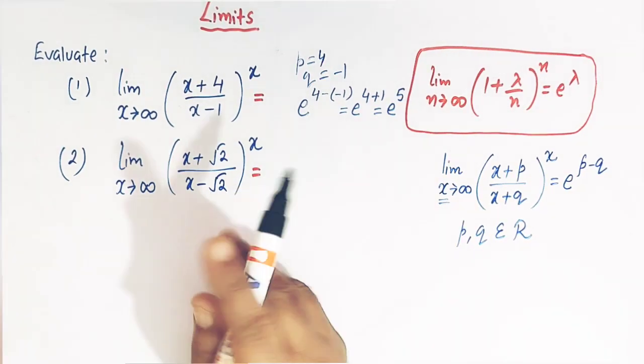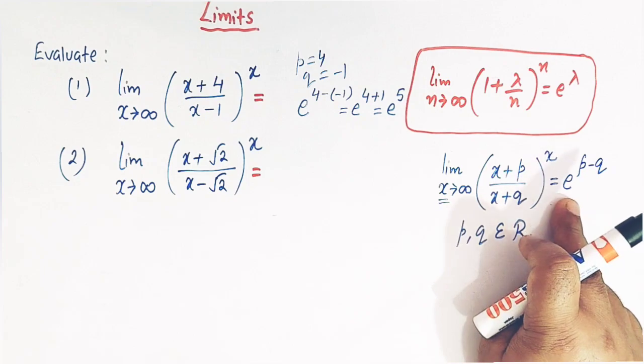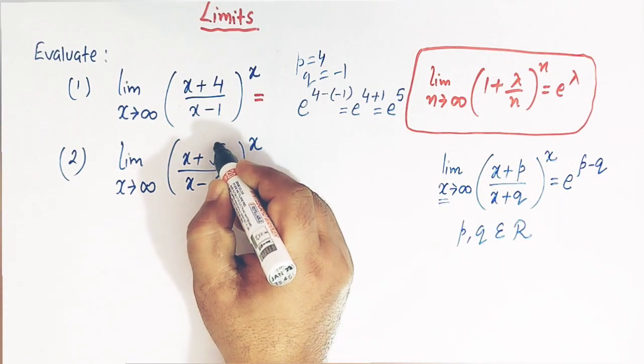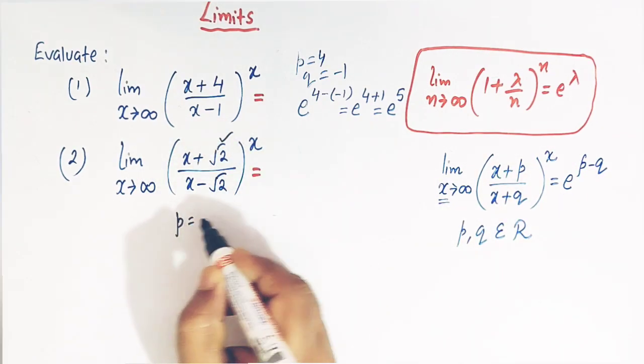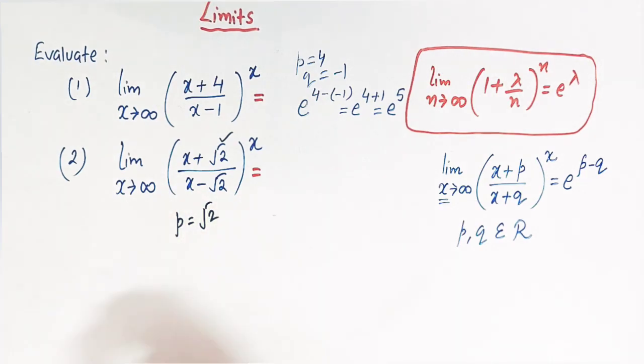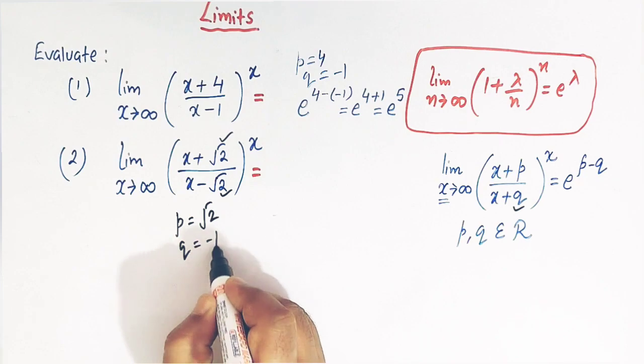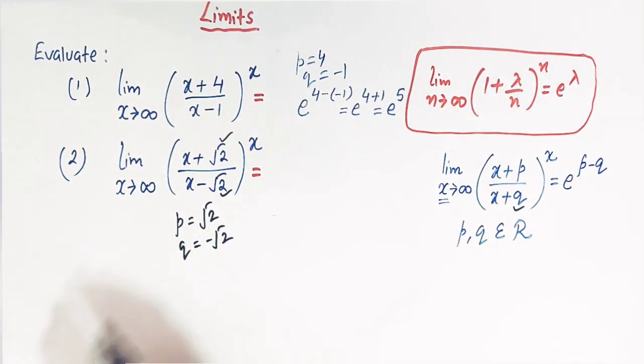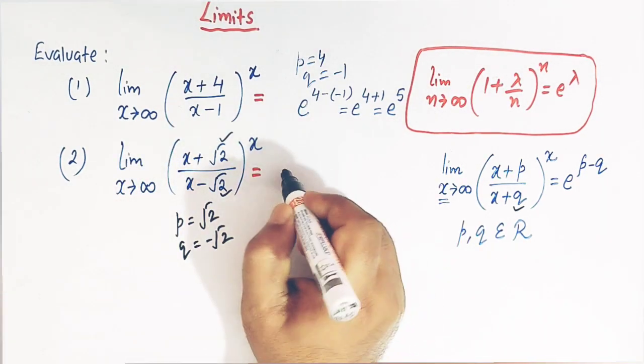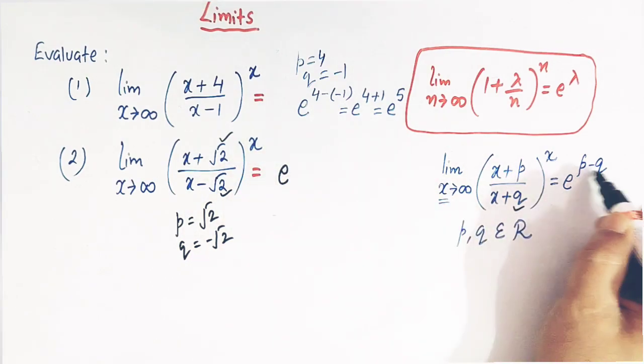Now similarly, if we compare this limit with this one, then the value of p is equal to square root of 2, and the value of q is equal to minus square root of 2. So the direct value of this limit is e raised to p minus q.